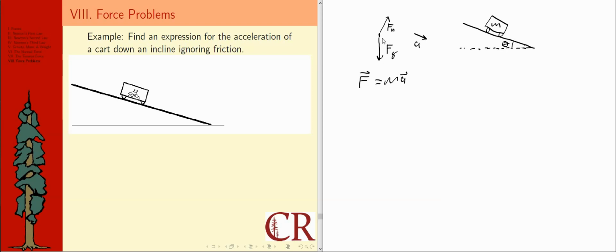Now this is kind of a clue that maybe an easier way to do this problem would be to consider using a rotated coordinate system. So in my little sketch over here, I'm going to draw a set of x and y axes, and the only purpose these really serve is to tell me how I've modified the usual direction for x and y.